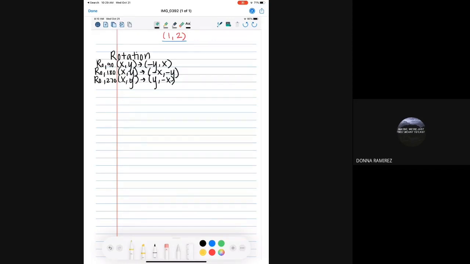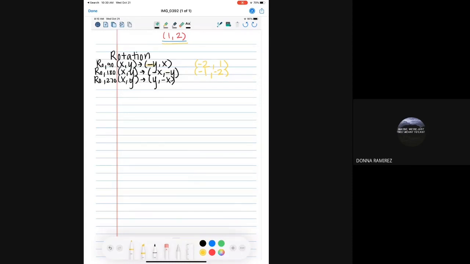And so once again, if we were to take this original coordinate and use that mapping rule, well, if we wanted to have a rotation of 90 degrees, we would first switch the x and y coordinates, and then go ahead and negate the y, because it tells me to do that there. If we wanted a rotation of 180 degrees, we would keep the x and y coordinates where they are, but negate them both, because it tells me to do so here.